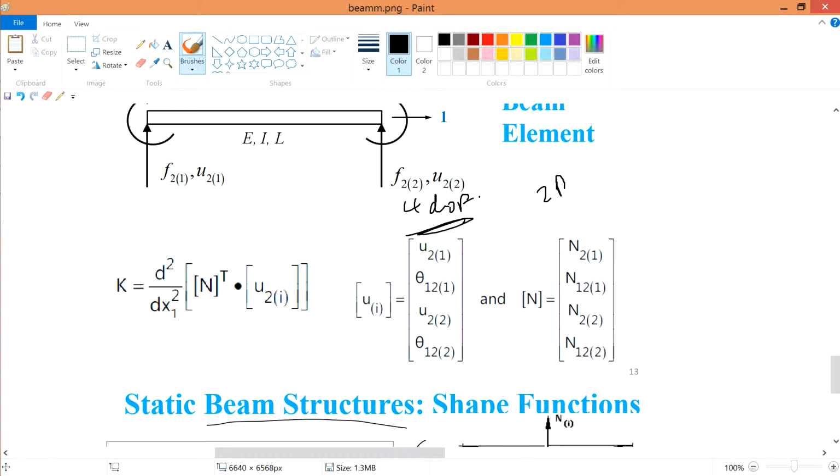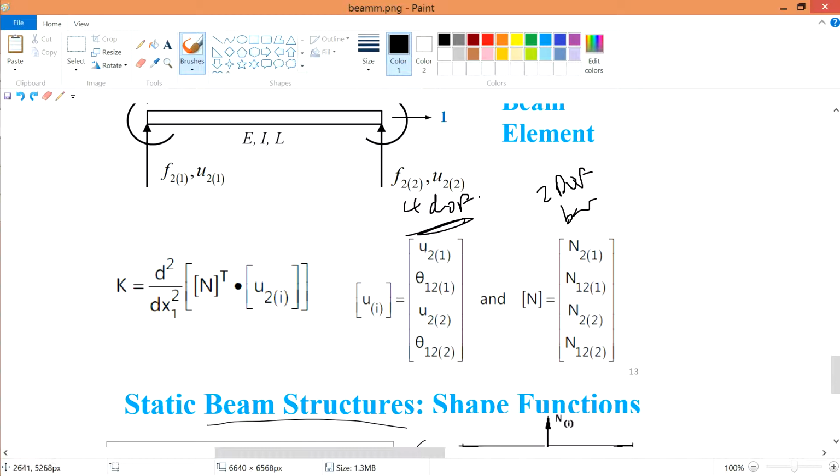For 2 degrees of freedom, like your bar, because it's just u1 and u2, you have only N1 and N2. For our case, we have u2 at node 1, or in other words, something like u1 and u2. I don't know why, but anyway, let's just take it first.